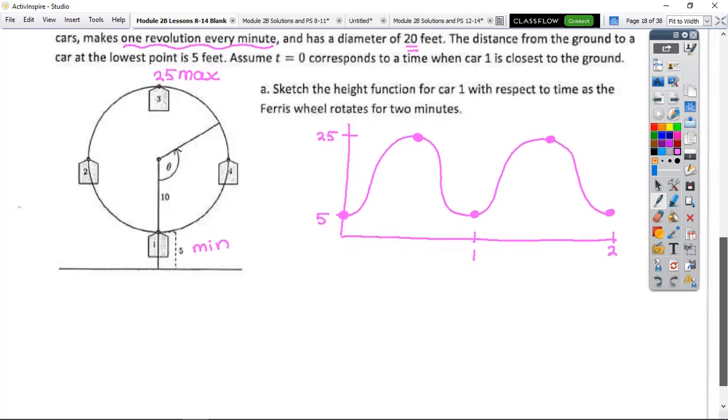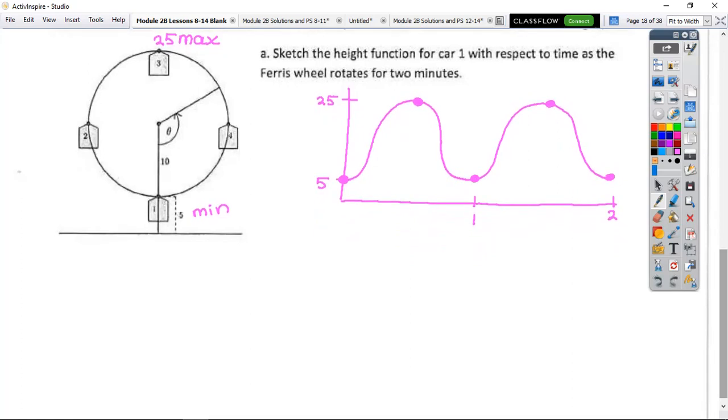So on the back, you are asked for the equation. So that's the last thing we're going to go through today. So to create the equation, I need to make this say y is equal to a cos of my frequency times t plus my midline. So the first thing we calculate is the amplitude.